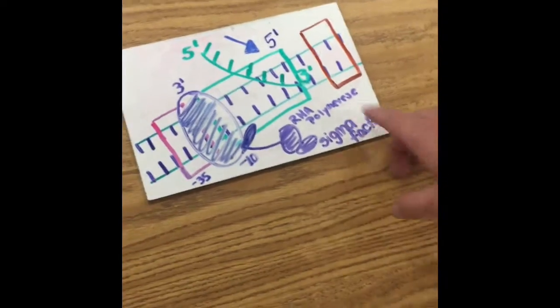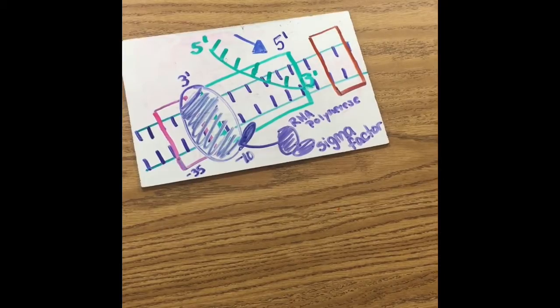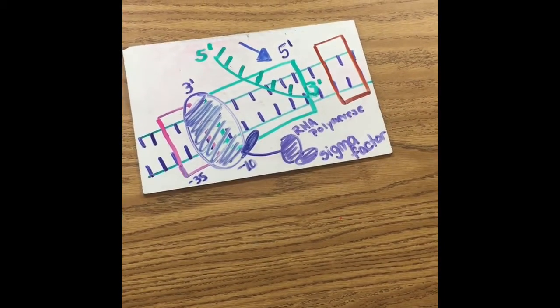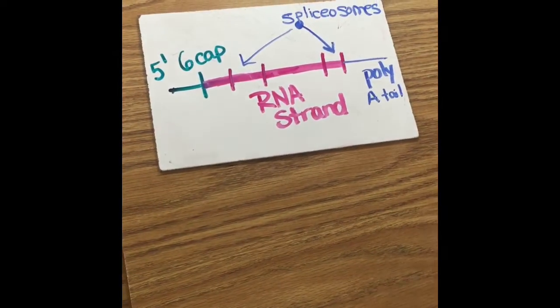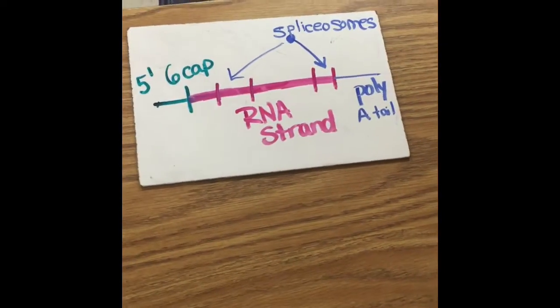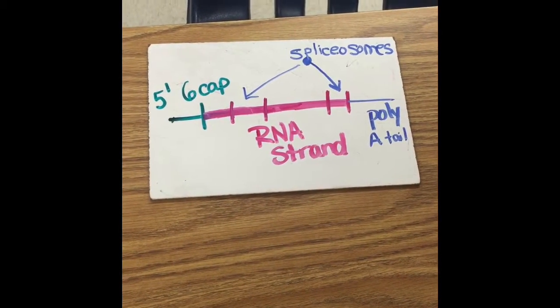Initiation is over when the sigma factor falls off the parent strand, and elongation continues the process. RNA polymerase moves down the DNA, which is wound back up, and termination ends when the whole strand has been converted to mRNA.